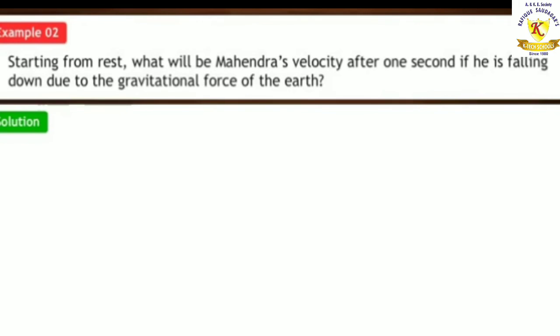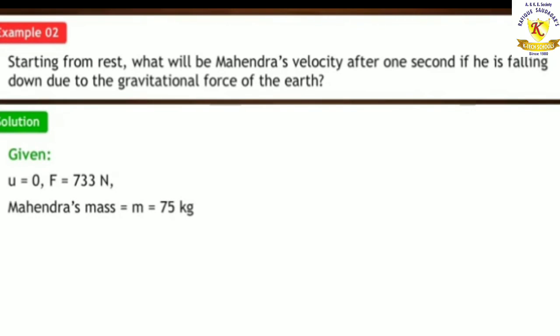Example number 2. Starting from rest, what will be Mahendra's velocity after 1 second if he is falling down due to the gravitational force of the earth? Let's see the solution. Given u is equal to 0, F is equal to 733 N. Mahendra's mass, that is m, is 75 kg.